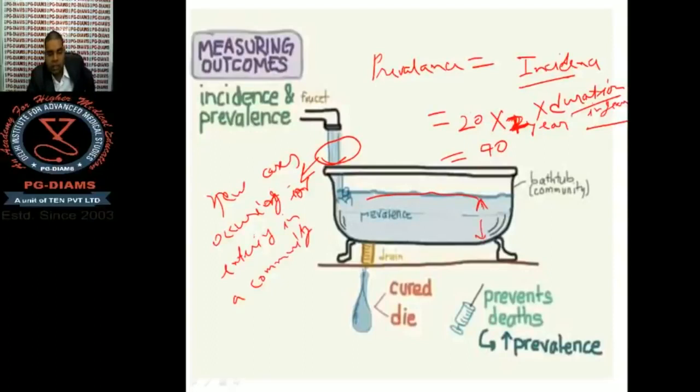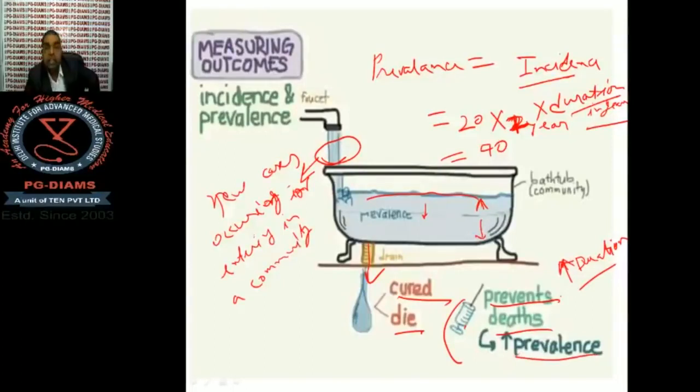Out of all these cases, some will be cured, some will die. If you do an intervention like immunization, immunization prevents death, and by preventing death, it will increase the duration. Because if people die, they will be drained out, and hence the prevalence will decrease. But if patients are protected by immunization or some other process, then the duration of illness will increase, and hence the prevalence will increase.